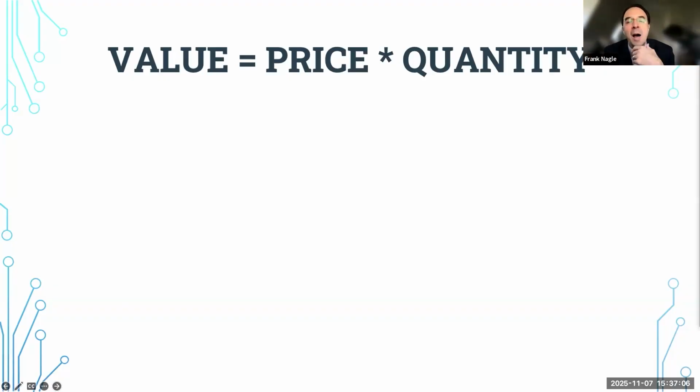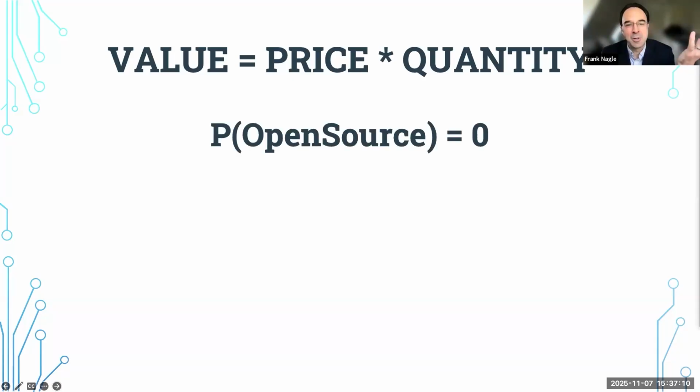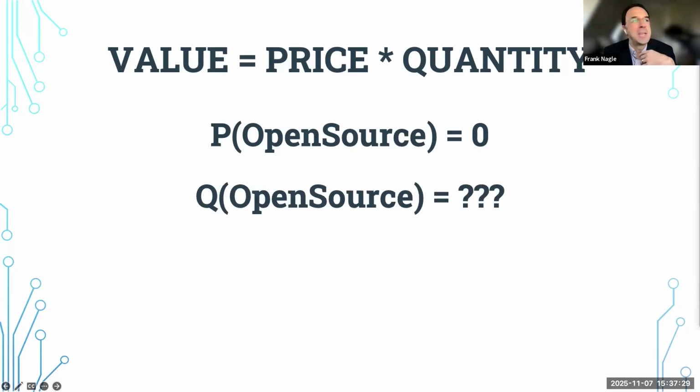Now, of course, the obvious problem with applying this to open source is first that, for most of open source, especially in software, the price is going to equal zero or basically zero. And so price is not really revealing a whole lot of information in terms of the value that any one good is creating. So then we can think about quantity, and here it's even more complicated, because we have no idea how much of this stuff is out there.